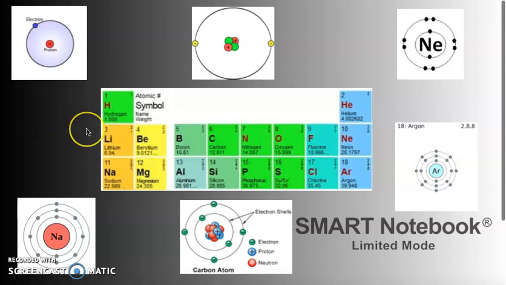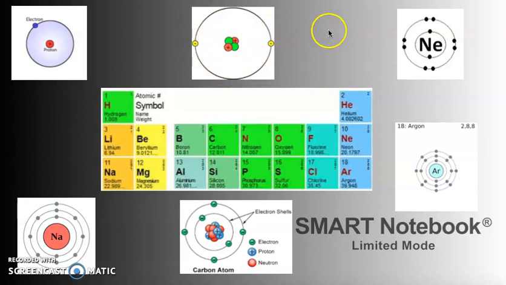So looking at it again, you can see some things like hydrogen has the 1 proton and the 1 electron that is around it. It does not have its shell filled up. If it had its shell filled up, it would look like this, like helium. This is helium, has 2 in its outer shell.